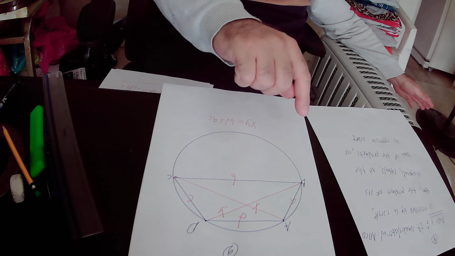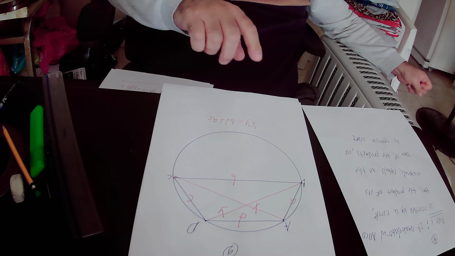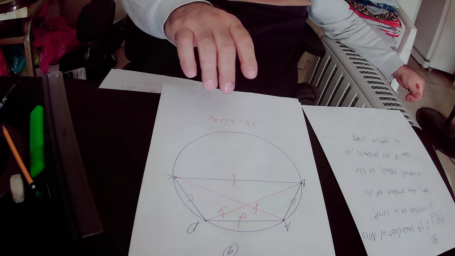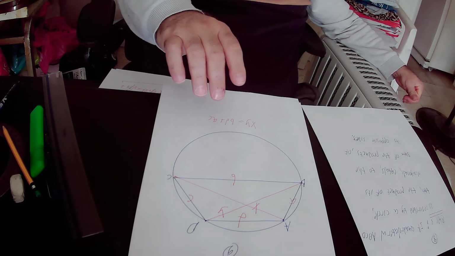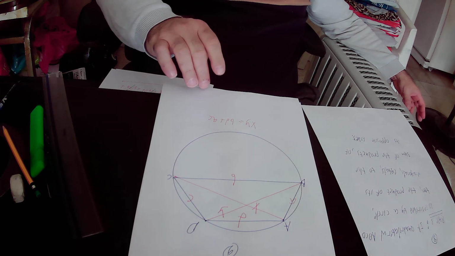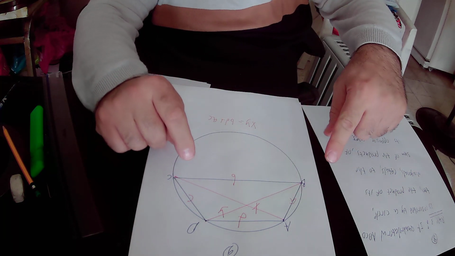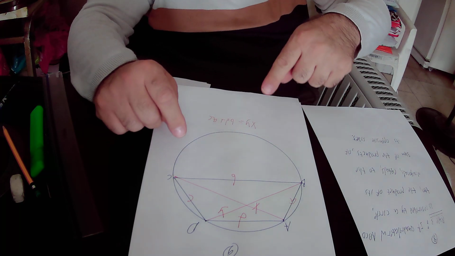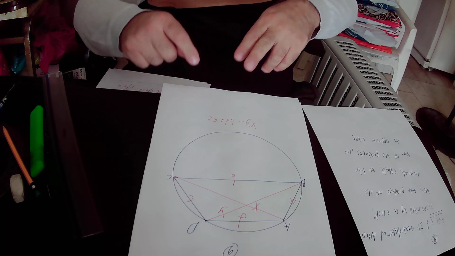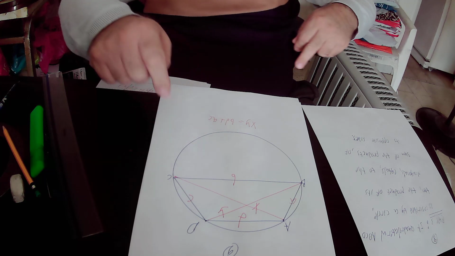And we have here quadrilateral ABCD that is inscribed by this blue circle, therefore we can implement rule number 3, and according to rule number 3, the product of quadrilateral ABCD diagonals, that is to say x times y, equals the sum of the products of its opposite sides. The first product of its opposite sides is B times D, the second product of its opposite sides is A times C, and the sum of the products of its opposite sides is BD plus AC, and that sum equals the product of its diagonals, that is x times y.